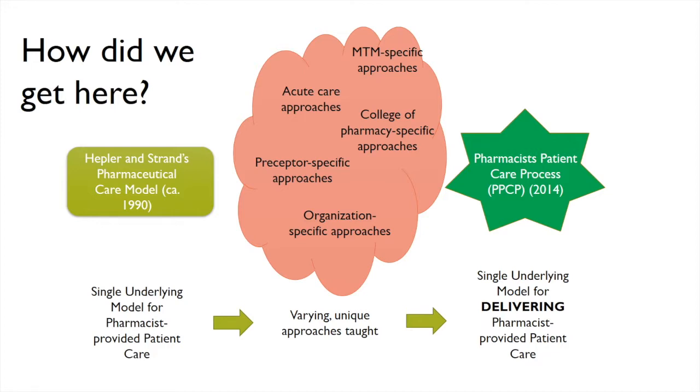Fast forwarding to 2014 was when the introduction of the Pharmacist Patient Care Process occurred as a means to get us back to a single model, a single definition, and a single approach to delivering pharmacist-provided patient care.